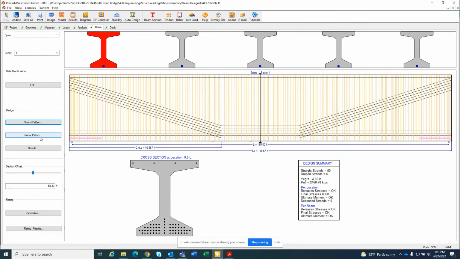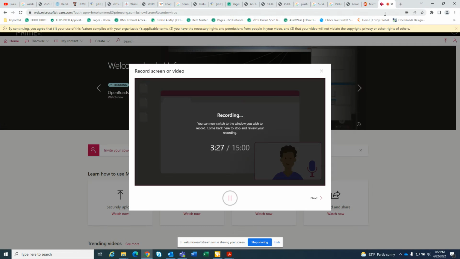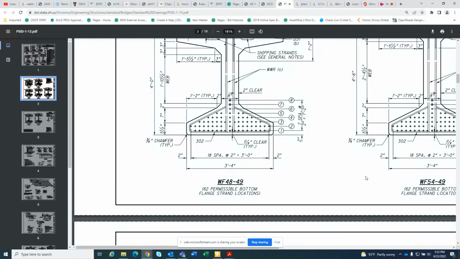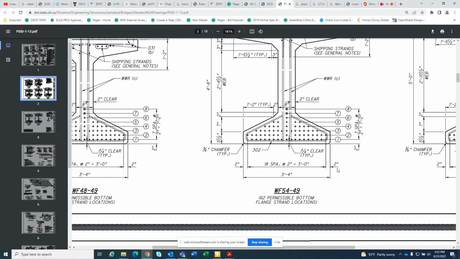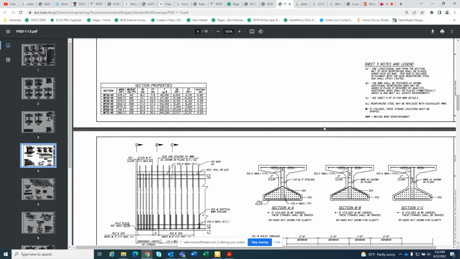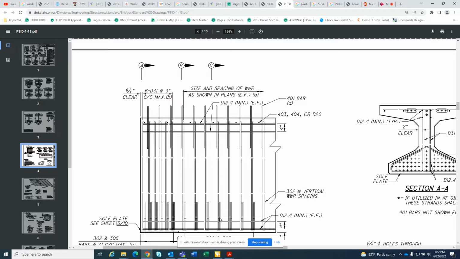Analysis. The major important thing is in the rebar pattern, so you have to put these shear rebars. As per the BDM, the shear rebar, this 401 rebar, is going into the deck. I'm looking at WF 5049. This 401 rebar is the same for all the beams. 401 rebar is acting as an interface horizontal shear, and your main reinforcement is these D31 and D20 rebars.